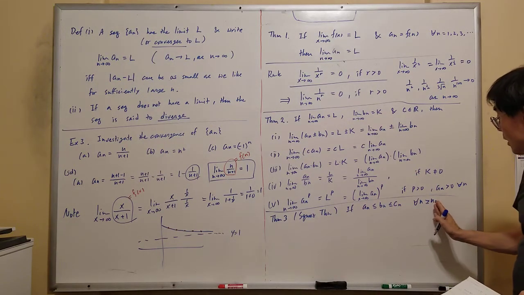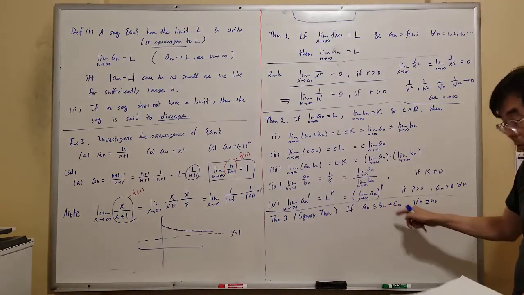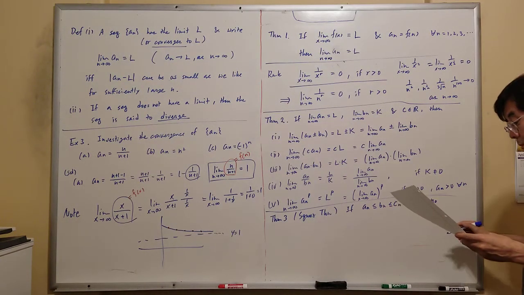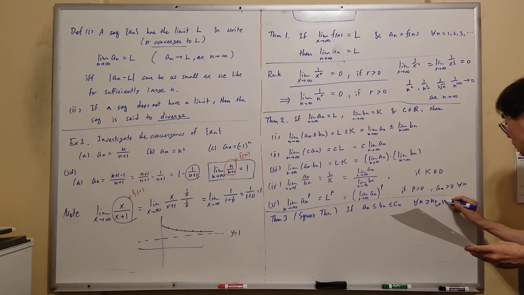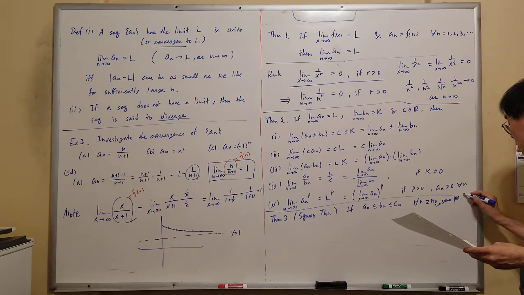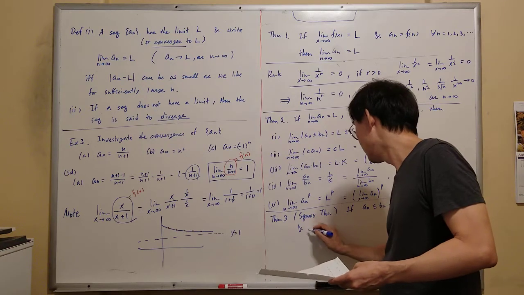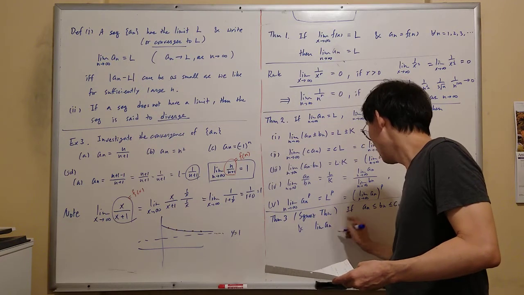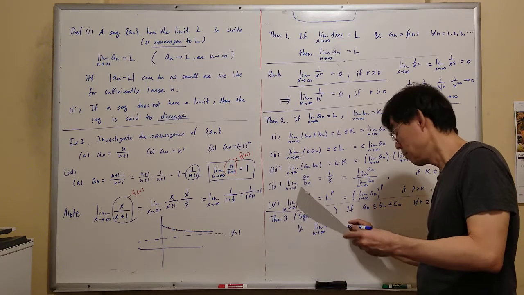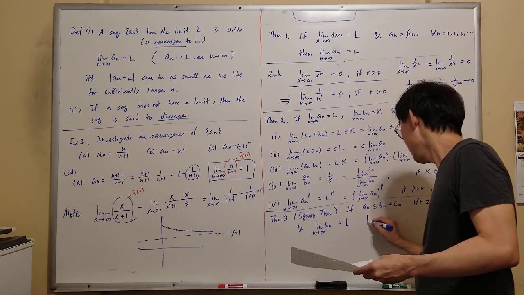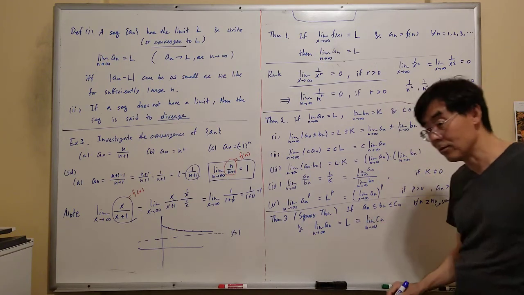After a certain term and on, the 3 sequences always have this order. b_n is always between a_n and c_n, for some positive integer N. And somehow the lower sequence approaches some number L, and your upper sequence also approaches the same value.